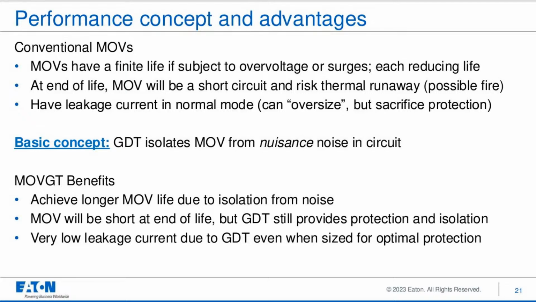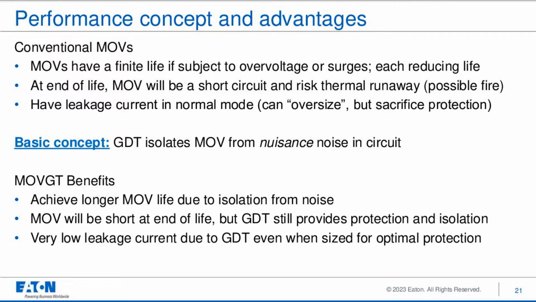A bit more on the concept of how this device compares to a conventional MOV and some of the advantages it can provide. Conventional MOVs see latent damage from any transients above their varistor voltage. This makes them vulnerable to line noise, which can degrade their life. The benefit of the GDT in the circuit is that the GDT voltage is sized higher than the varistor voltage, so that it will not begin to conduct until the transient voltage is of concern.